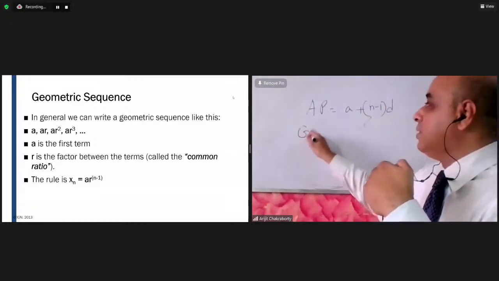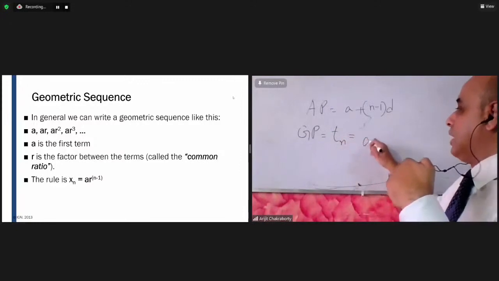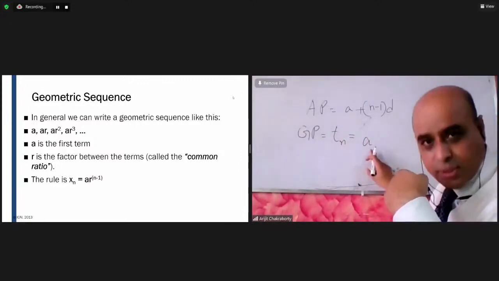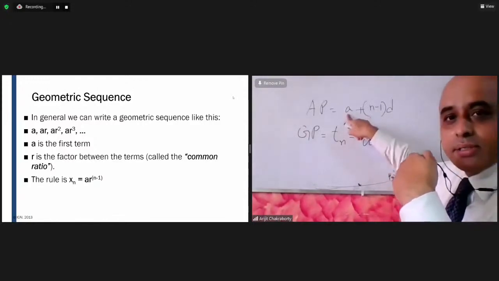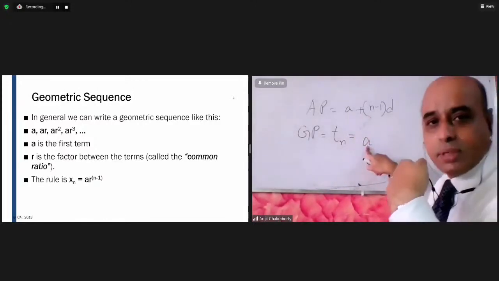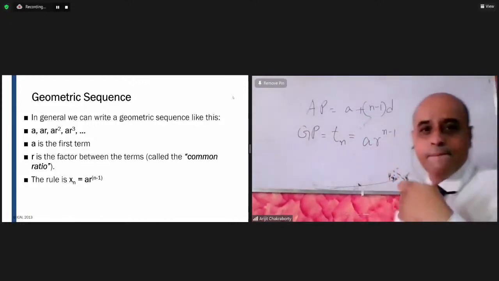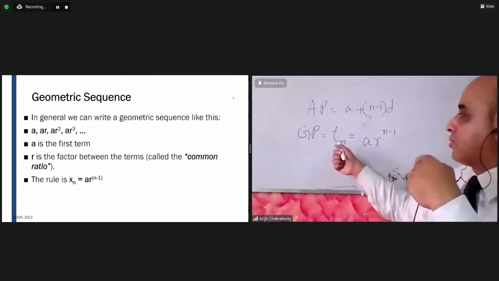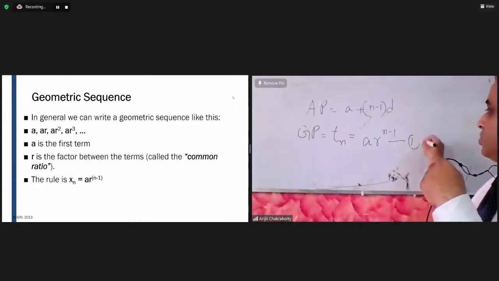But in GP, the nth term, that is term n, is equal to A, the first term, into R to the power n minus 1, where we are trying to find the nth term. So this is the first formula which you need to remember.